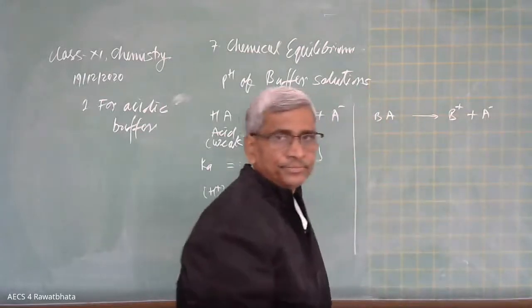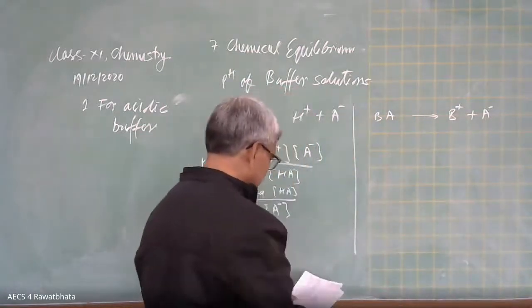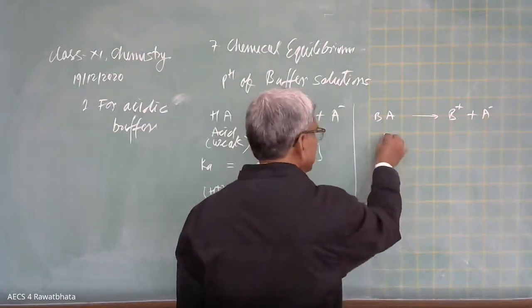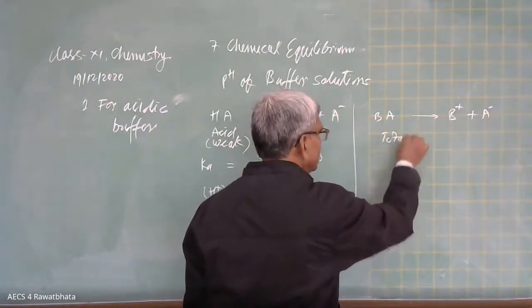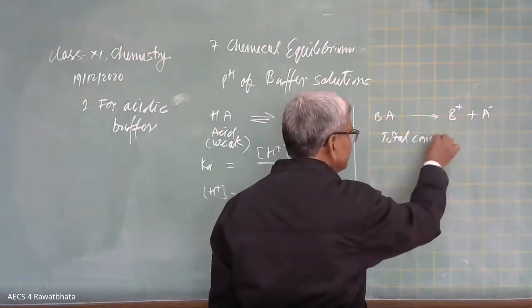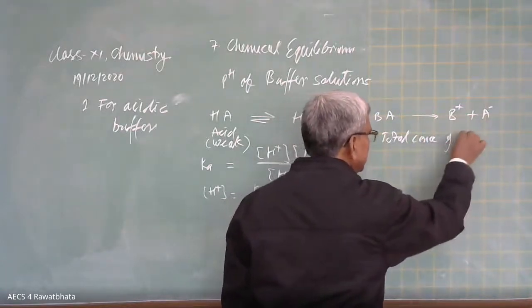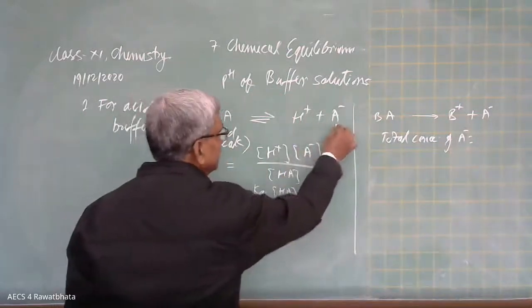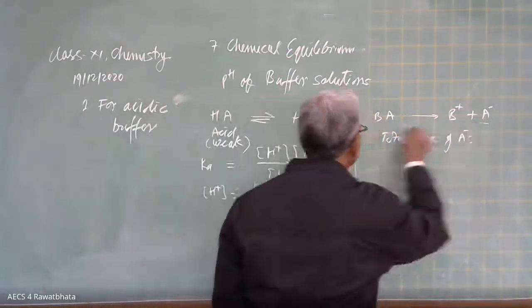In this way, the total molar concentration of A minus is equal to A minus from the salt plus A minus from the acid. At two places A is there.